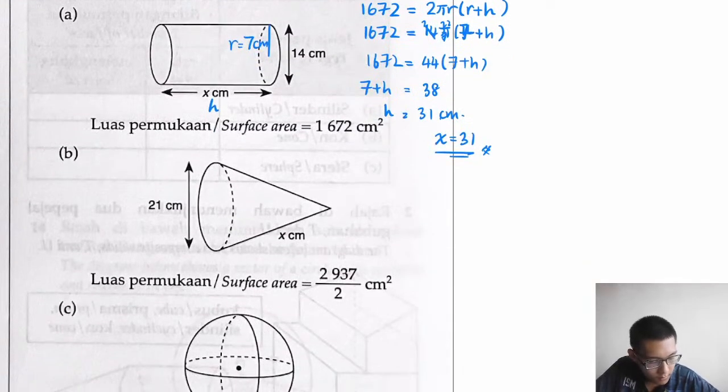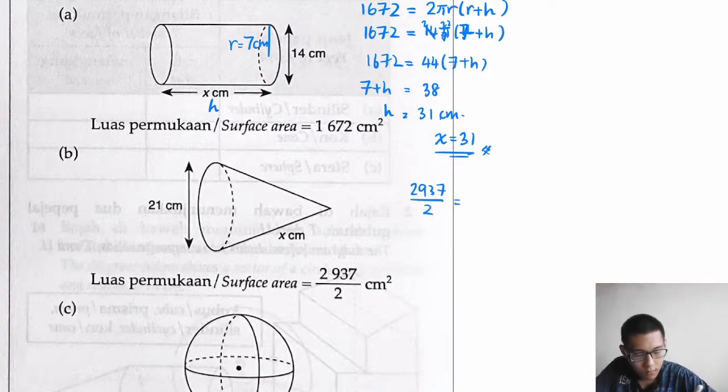Next, for this one, the surface area is equal to 2937/2. So we know our surface area is equal to one part is this, another part is this. So we have πr squared and πrh, if you remember this formula.